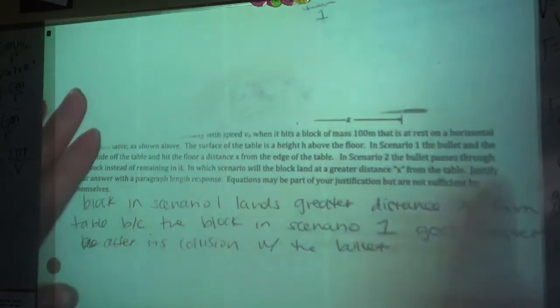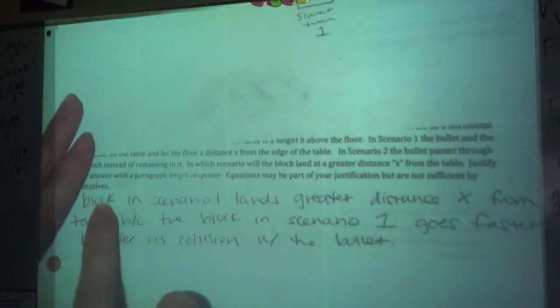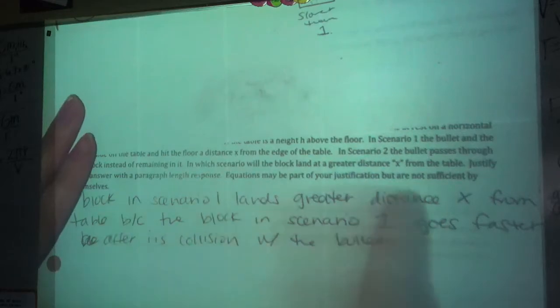You probably don't need to write all of this. You could just say the block in 1 goes farther because it is moving faster.